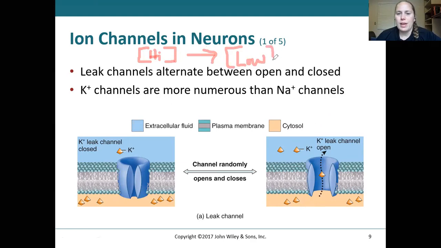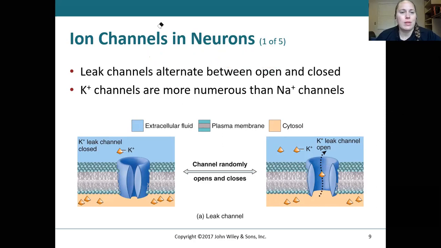You can think of ions as kind of like antisocial individuals saying, hey, there's too many people at this party. I need to get out of here. It is too hot. There's too many things bumping against me. So they always want to go out of the club, away from where the action's happening. So they'll always go from an area of high concentration to an area of low concentration.